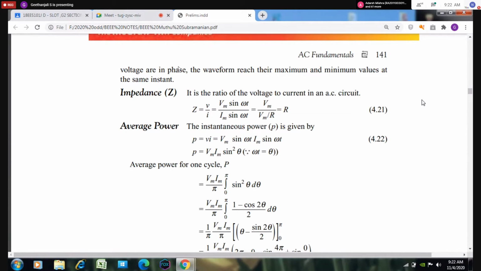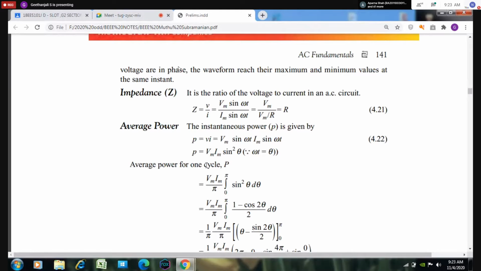If it is an AC circuit, you should go with the impedance. In the DC circuit, the equivalent of impedance is resistance. In the AC circuit, you should not say resistance, you should say impedance.